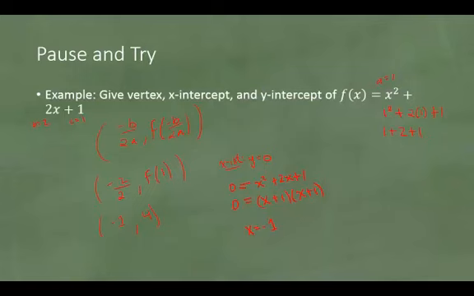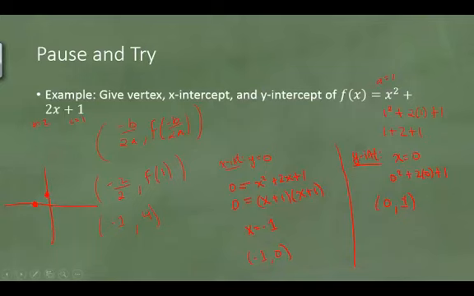So our point here would be negative 1, 0. The y-intercept is when x is equal to 0. When x is equal to 0, we have 0 squared plus 2 times 0 plus 1. So when x is equal to 0, our y value comes out to be 1. And we're done. Negative 1, 0 for our x-intercept, 0, 1 for our y-intercept, and negative 1, 4.